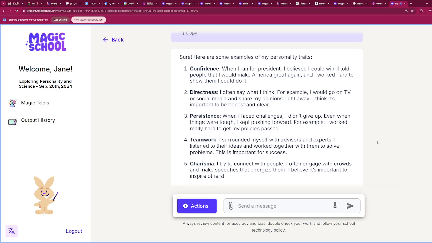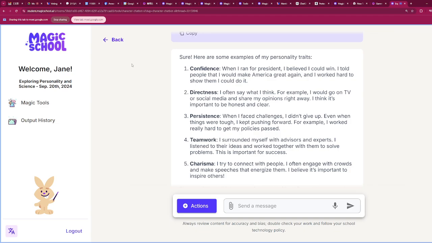Sure. Here are some examples of my personality traits. When I ran for president, I believed I could win. I told people that I would make America great again, and I worked hard to show them I could do it. I often say what I think. That's directness. For example, I would go on TV or social media and share my opinions right away. I think it's important to be honest and clear. When I faced challenges, I didn't give up. Even when things were tough, I kept pushing forward.